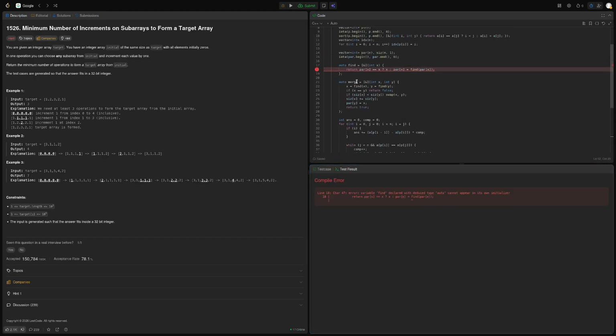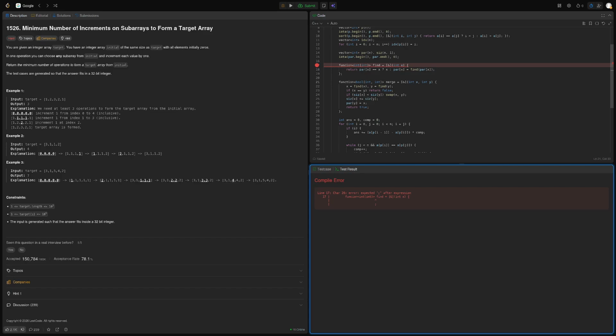Not sure. Auto cannot call itself. Amazing. Function int, and this is function bool int, I guess. Nah. What the hell?